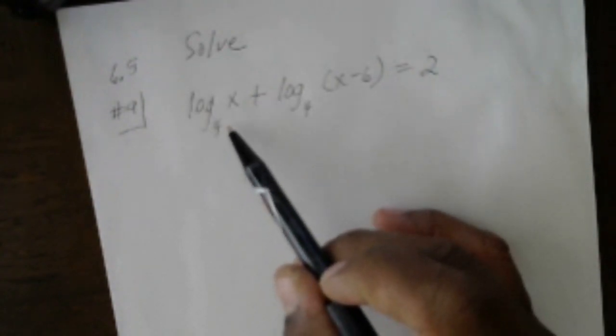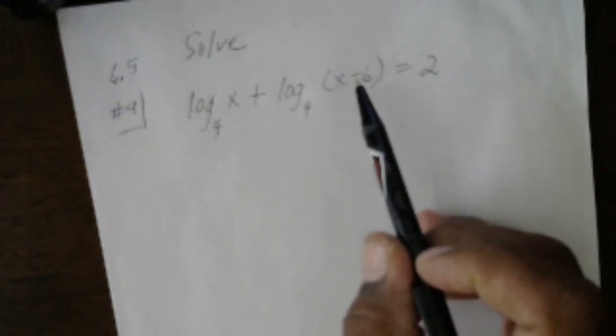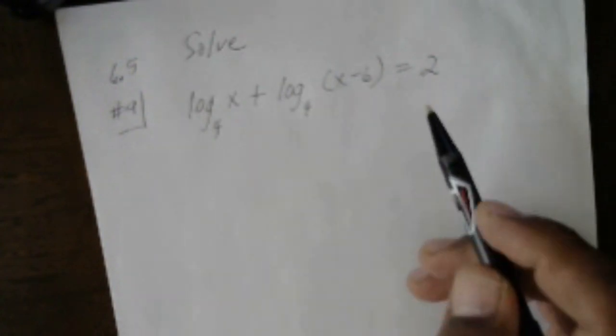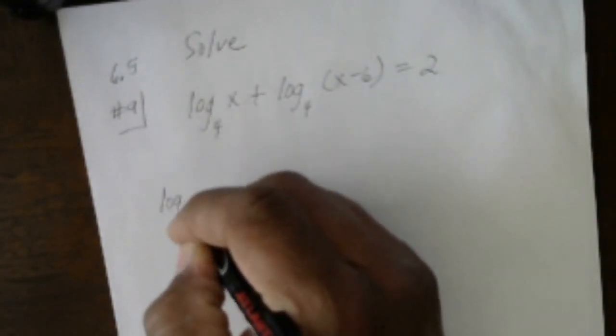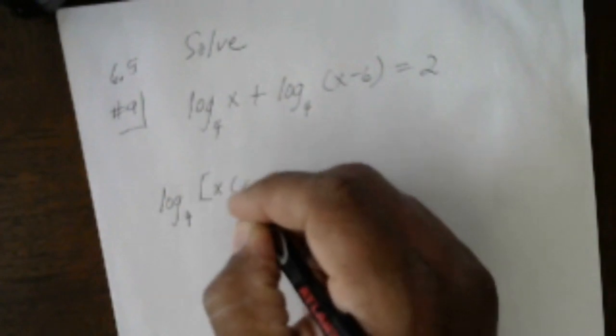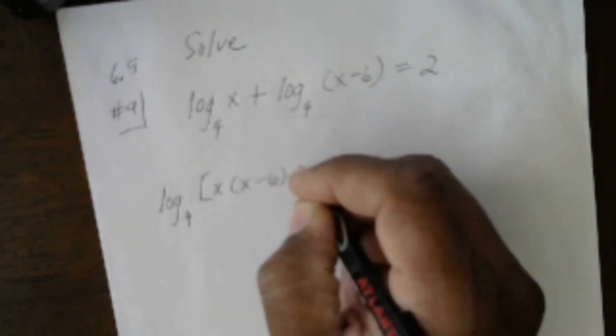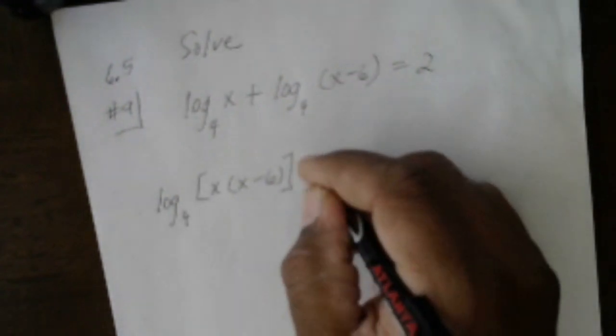So that means I can write the log base 4 of x plus the log base 4 of x minus 6 as the log base 4 of x times x minus 6 is equal to 2.